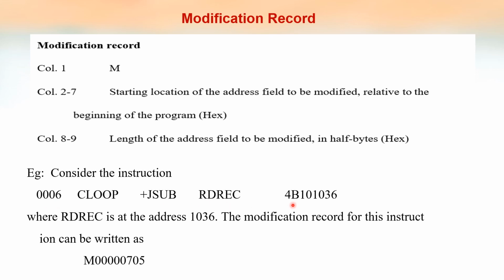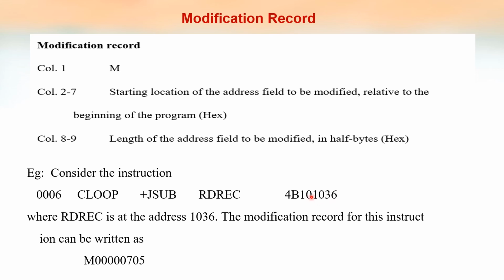A format 4 instruction will take 4 bytes. So starting from 6, the first byte takes address 6. That 4B will be stored at address 6. Then 10 will be stored at address 7, 6 plus 1. Then the next 10 will be stored at 8. Then 36 will be stored at 9.